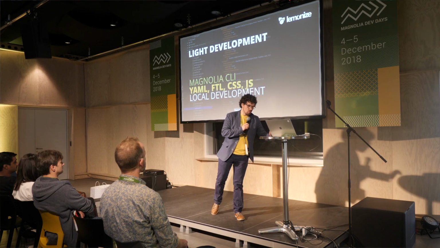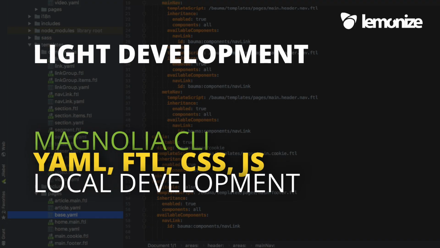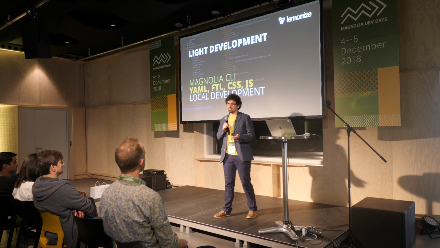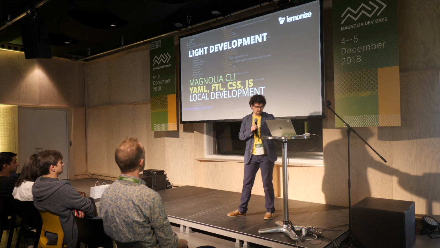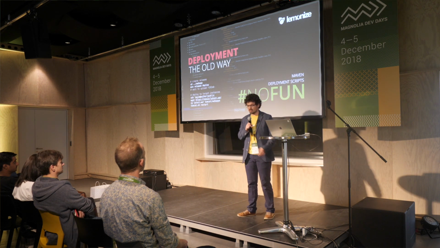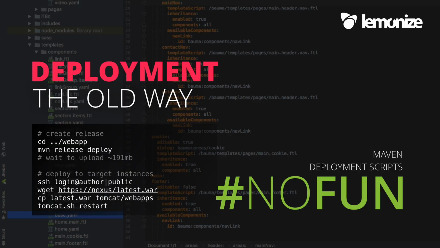Well, you all know what you can do with light development. It's really fun to have your YAML files and very easy updates. We used this for local development for quite some time. But how to get this on the live system?